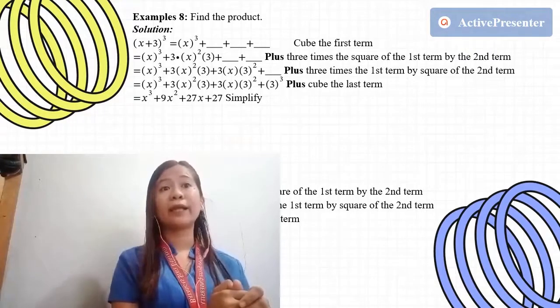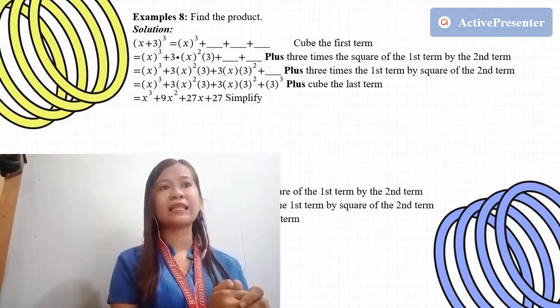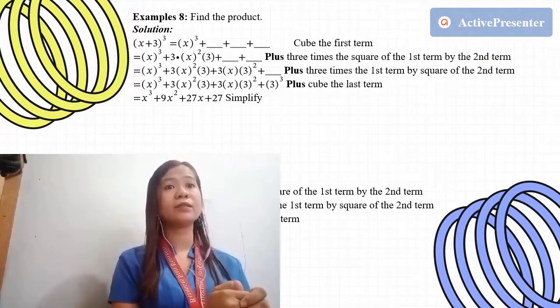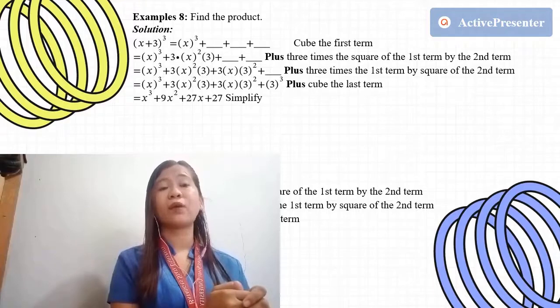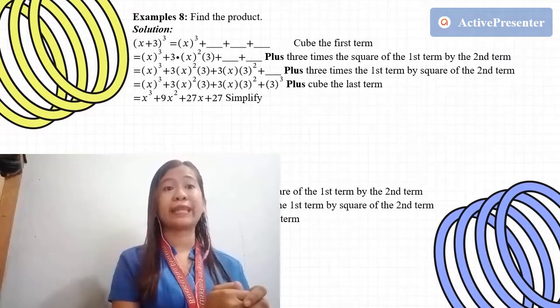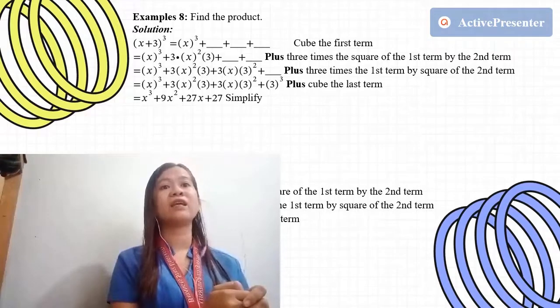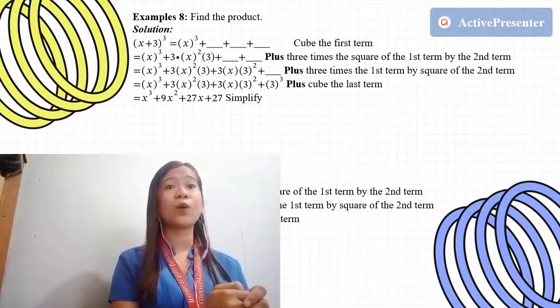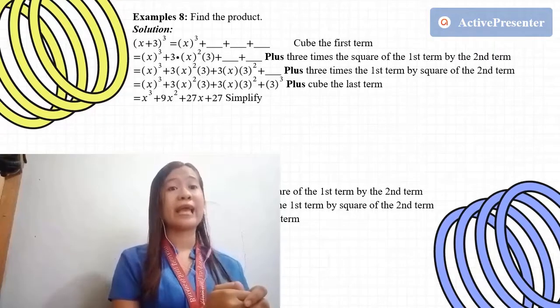Next one, plus 3 times the square of the first by the second term. So 3 times the square of the first term, which is x, so x squared, times the second term, which is 3. So we get 3x squared times 3, which is equal to 9x squared.